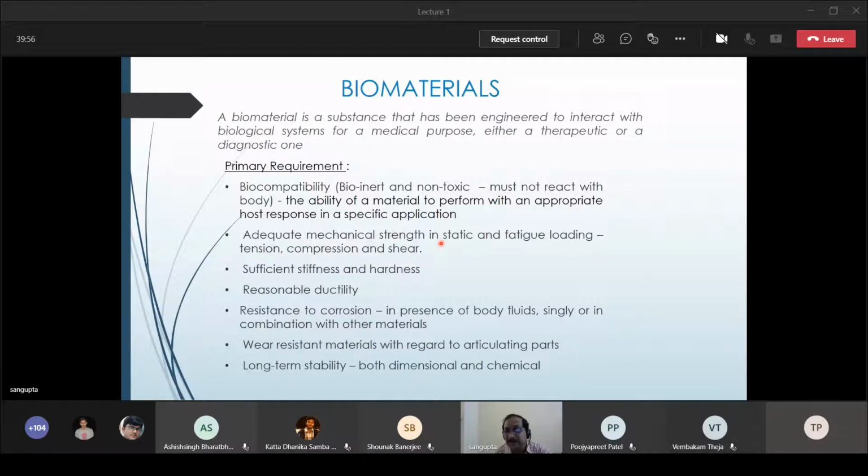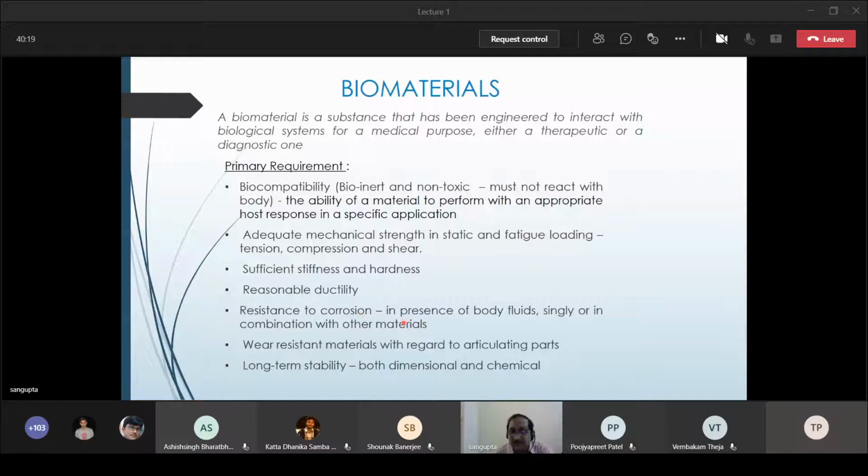Adequate mechanical strength in static and fatigue loads, tension, compression, and shear, is required. Sufficient stiffness and hardness, giving rise to more rigidity. So it cannot be very flexible. It has to be a moderately rigid implant. It should have the property of ductility.